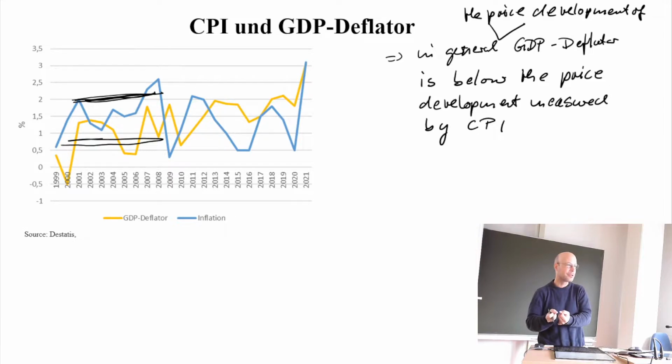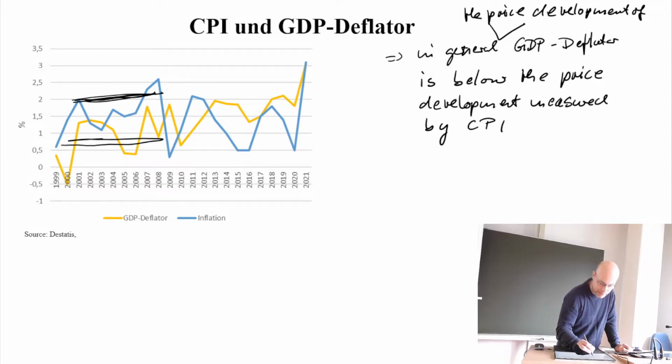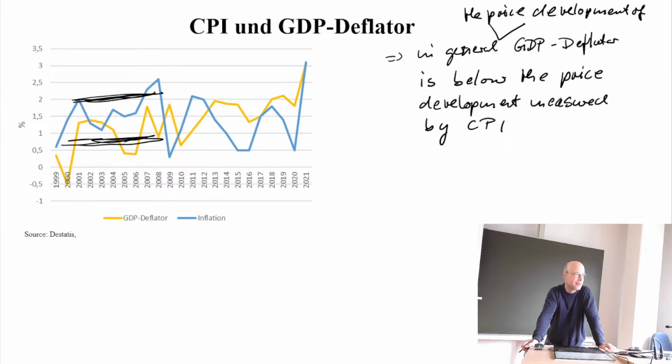And then, of course, you have to consider all price developments in your country. But the total price development in your country is represented by the development of the yellow line, by the price development measured via the GDP deflator.